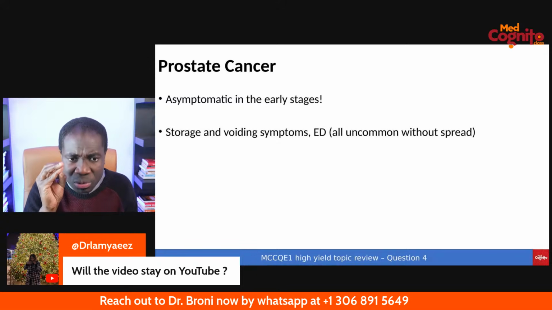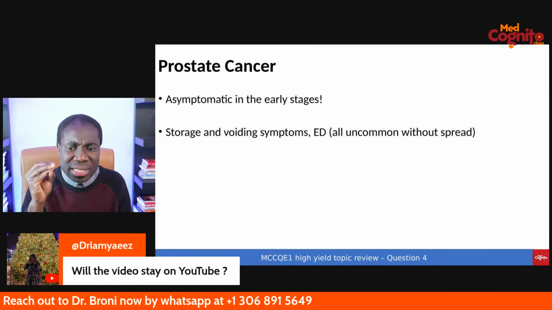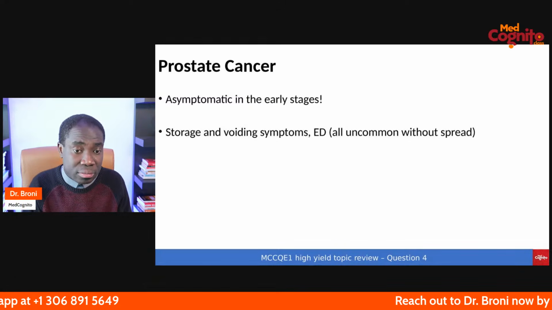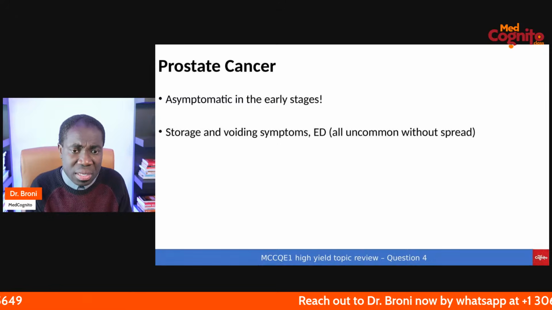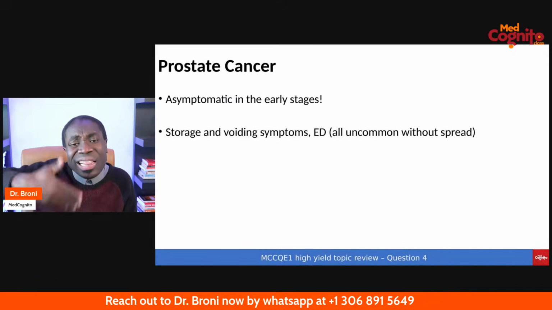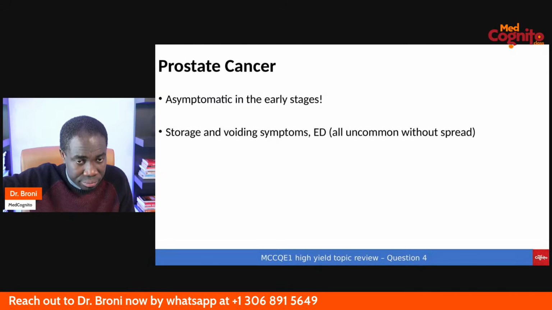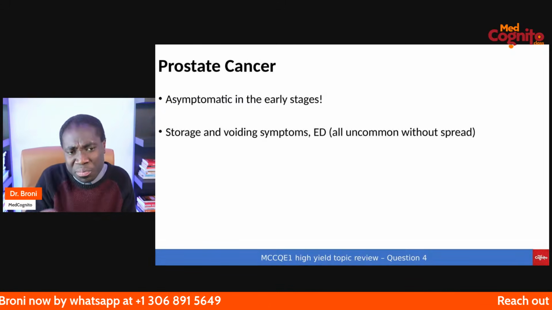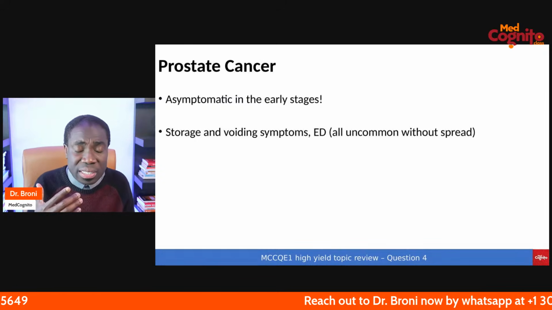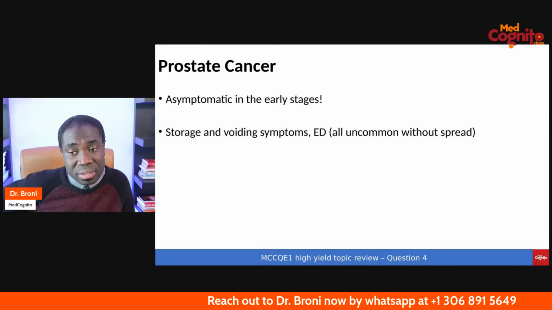In your board exam, patients with prostate cancer will be asymptomatic in the early stages. Nothing. And usually they will have storage and voiding problems later on, especially if there is spread. And they may develop erectile dysfunction if the prostate cancer has spread to the back and the rest, right?